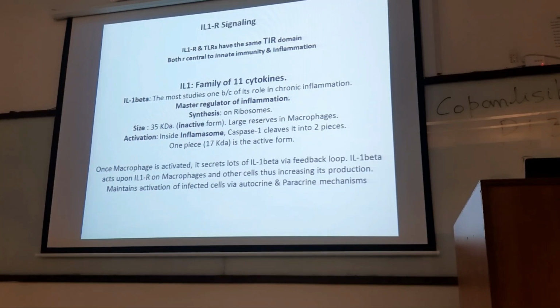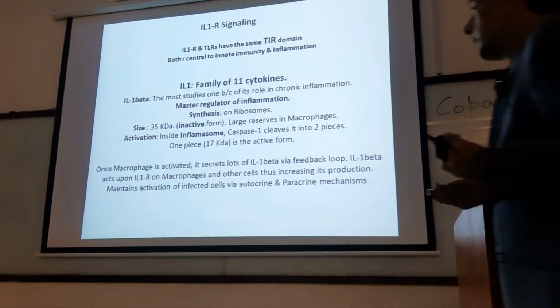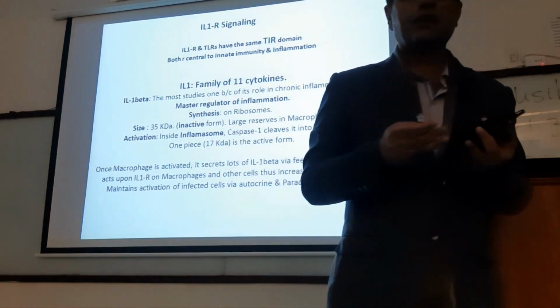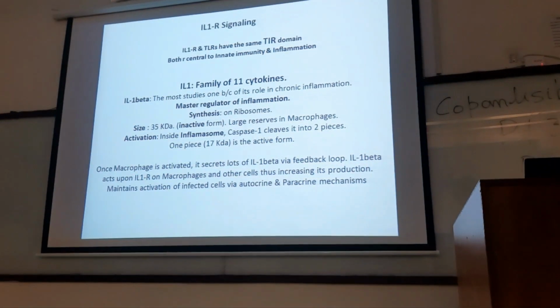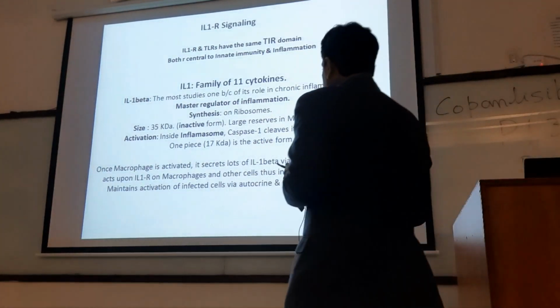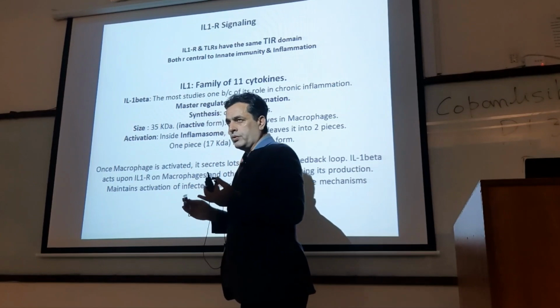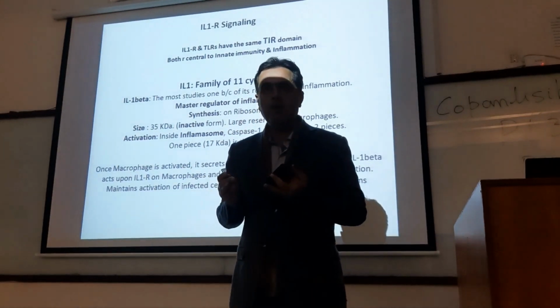This is inactive interleukin 1 beta that can also be called pro-interleukin 1 beta. Okay, so that pro-interleukin 1 beta, the inactive 35 kDa form, is of no use inside the macrophage.